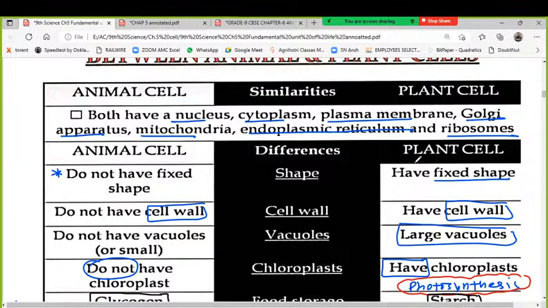Can you tell me what are similarities, Sanket, and what are differences? Yeah, between animal cell and plant cell. What are similarities that you find and what are differences?